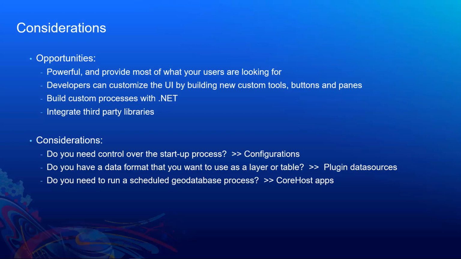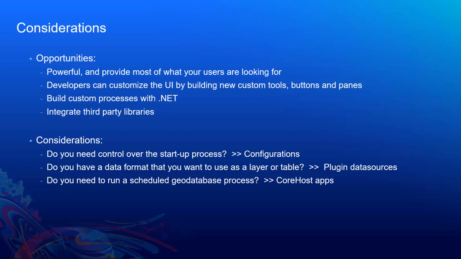Last, some considerations here and some questions that you would want to ask yourself when you're looking at future patterns that we're going to be covering. First is, do you need full control over the startup process of ArcGIS Pro? If you do, then you'll want to take a look at configurations, which is our next pattern.